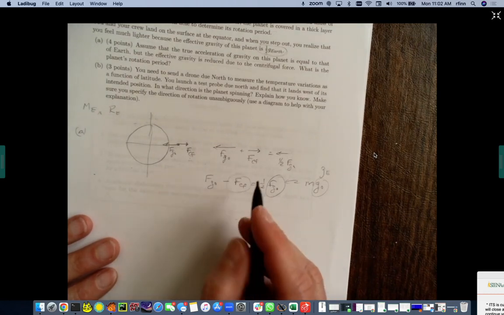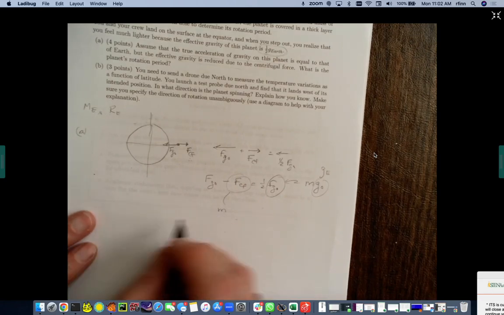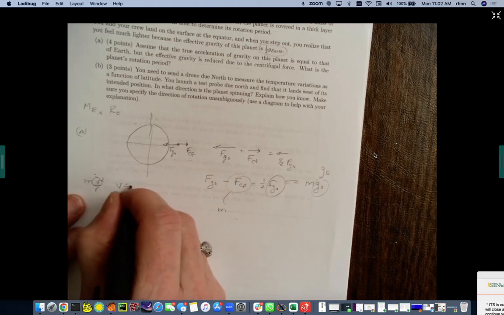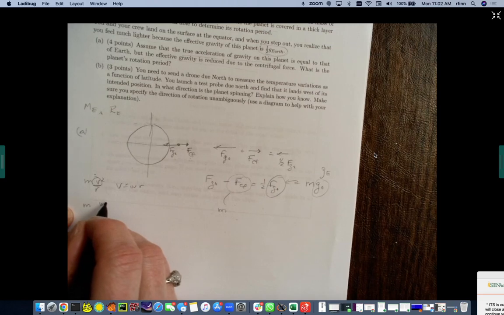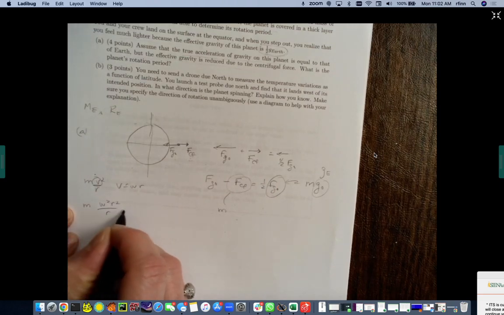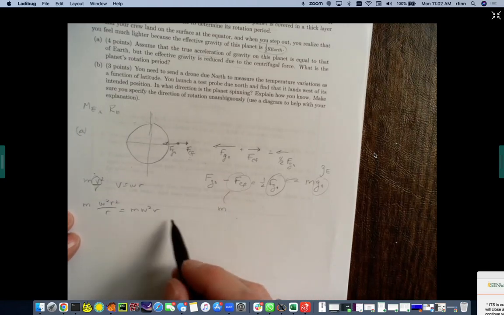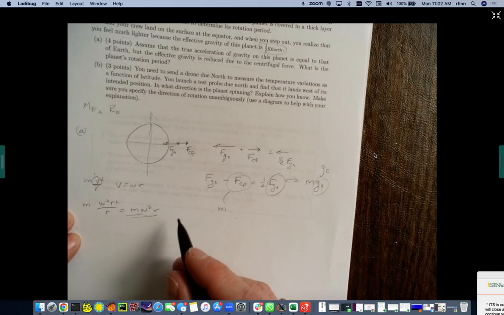Okay, so our centrifugal force is basically the opposite of the centripetal force, right? Which we know is mv squared over r, and v is omega r. So we plug that in: m omega squared r squared over r, so m omega squared r. So the centrifugal force has the same magnitude as the centripetal force, but it's in the opposite direction.